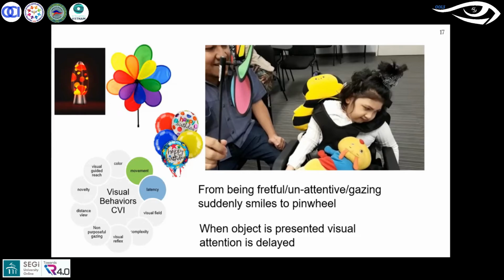Is it very immediate, or is there a delay of 5 to 10 seconds before they get the attention to an object? Same goes to movement as well. So movement and latency are actually interrelated, because when the movement is slower, it will definitely attract the attention more.